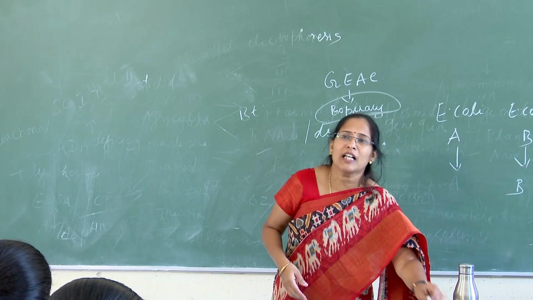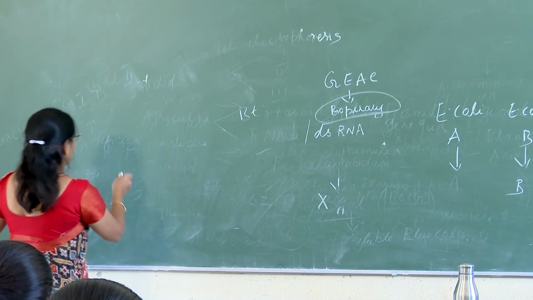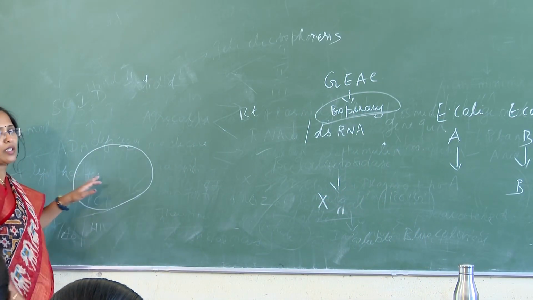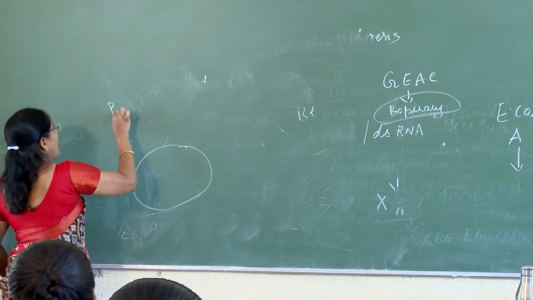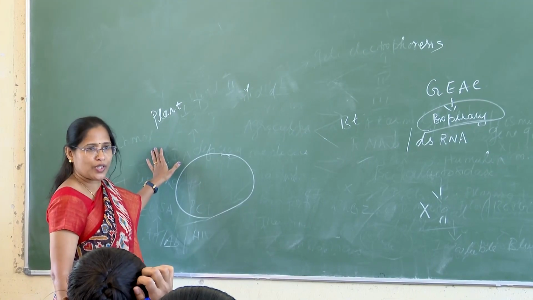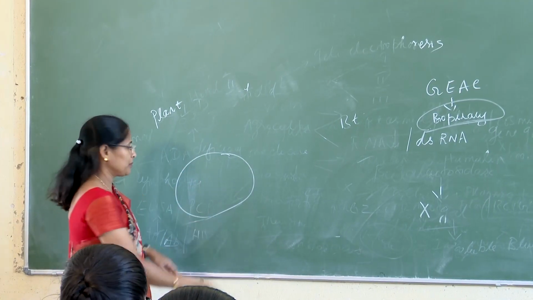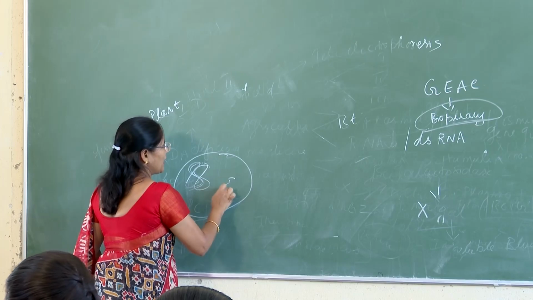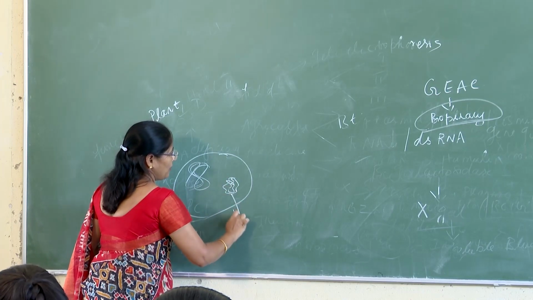Agrobacterium tumefaciens is a bacteria actually. Listen now. For plants, the vector is Agrobacterium tumefaciens. It is a bacteria. The bacteria has a plasmid also.